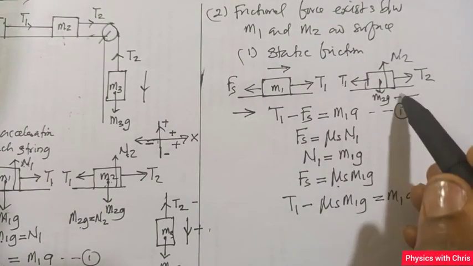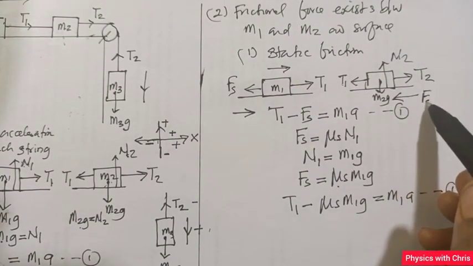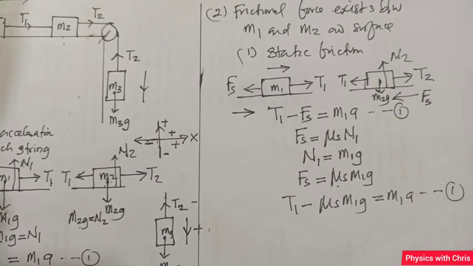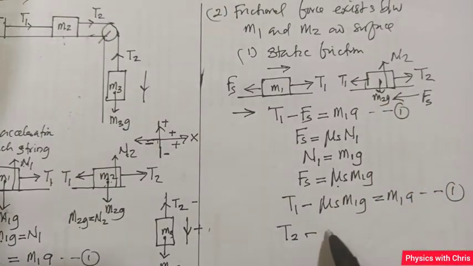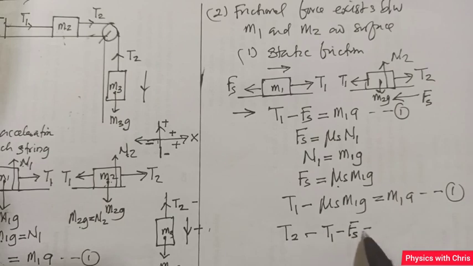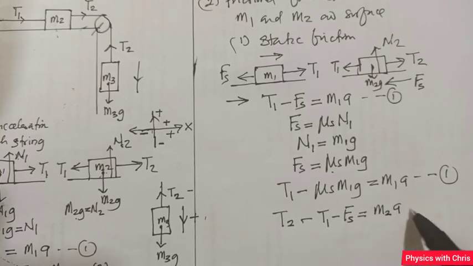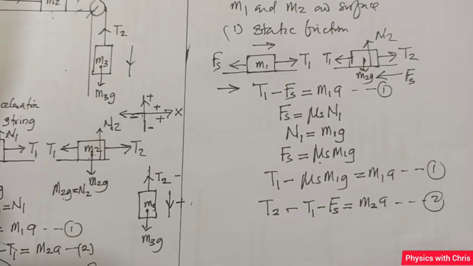The frictional force Fs also acts, opposing motion in this direction. So for block M2, I'm going to have T2, which is acting in the direction of the positive x-axis, minus T1 minus the static frictional force Fs is equal to M2A, from Newton's second law of motion. That's equation 2. All right.